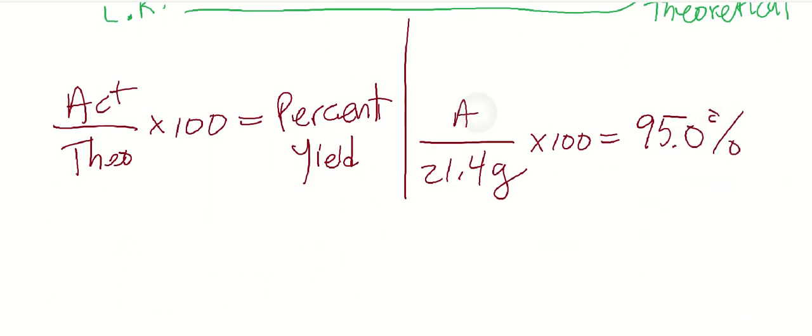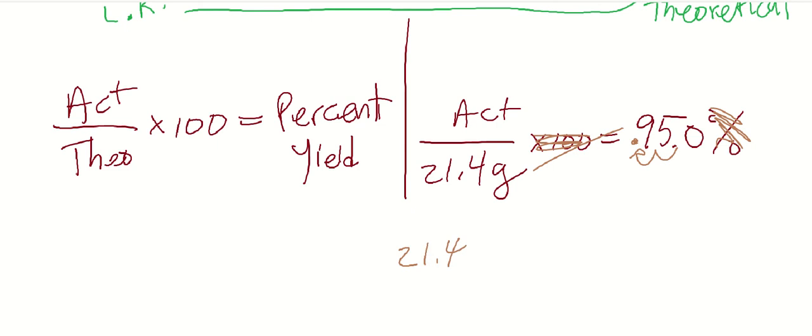And it's asking us to find the actual. So there's many ways to do algebra, but I'm going to get rid of this percent here and just move that decimal back to where it was, 2 spots to the left. Now that percent is a decimal, and I'm just going to cross multiply.